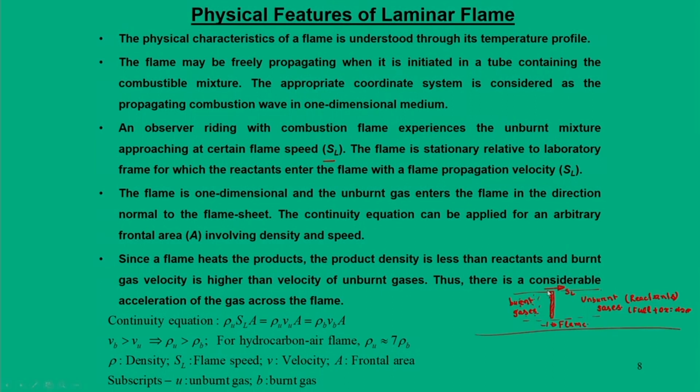Now, with respect to the laboratory viewpoint, you assume that you arrest this flame, that means it is the same flame, you arrest it and try to see where the unburnt gases are and where the burnt gases are. In a sense, if the flame is considered to be stationary right now, we can say that the unburnt gases enter at a certain speed, and they come out as burnt gases.